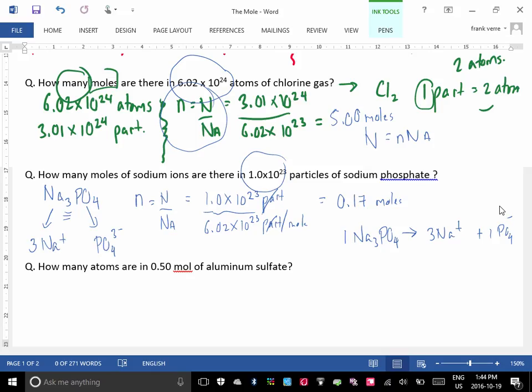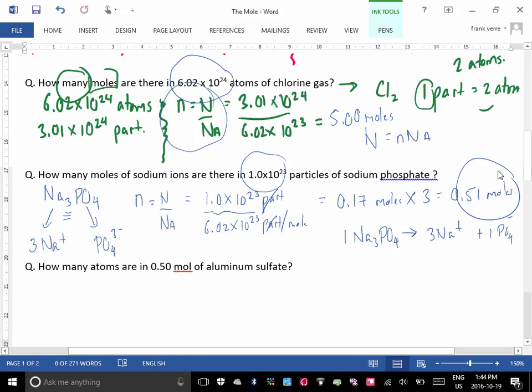Because we're asked about sodium, we have to multiply the number of moles by 3. So that's going to give us 0.51 moles of sodium ions.